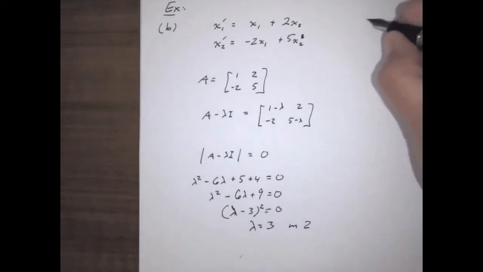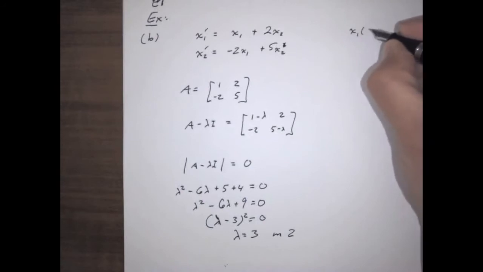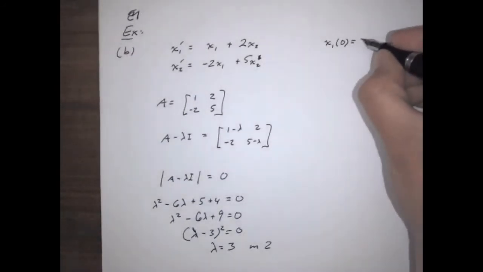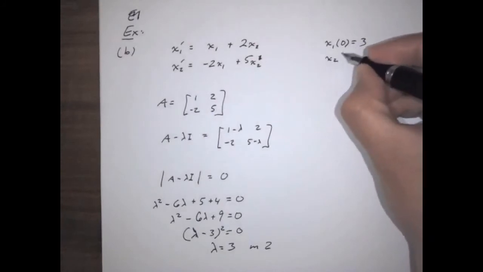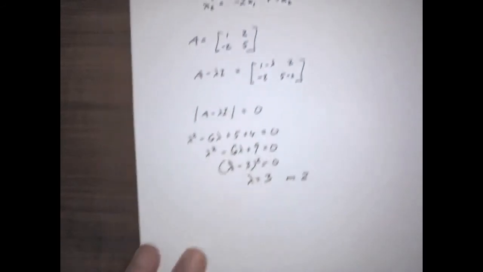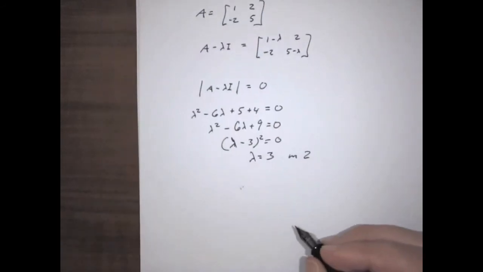So lambda equals 3 with multiplicity 2. Oh, and I forgot to mention, I said this was an initial value problem, so we need some initial conditions. x1 of 0 is going to equal 3, and x2 of 0 is going to equal 2.